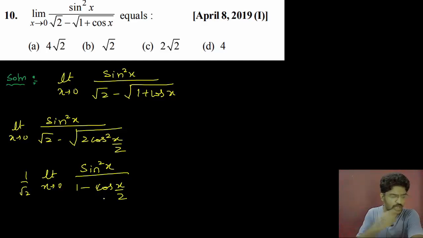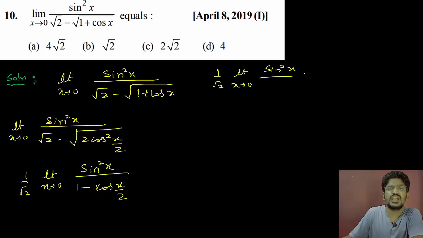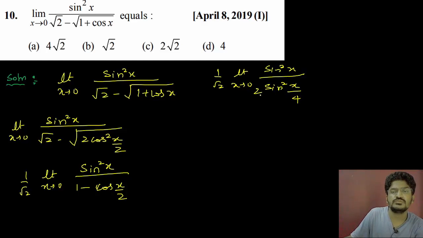So now 1 minus cos of x by 2 you can write as 2 into sin square x by 4, by using the formula of 1 minus cos theta.